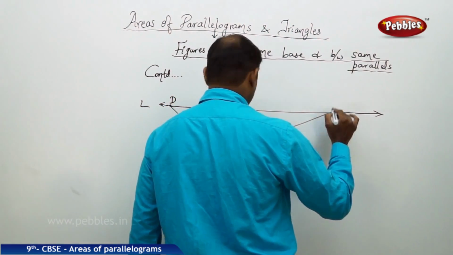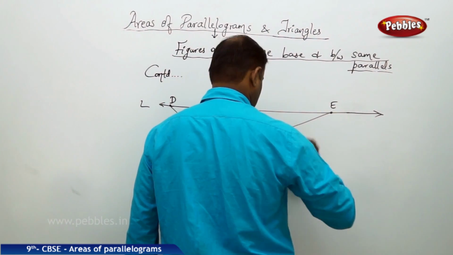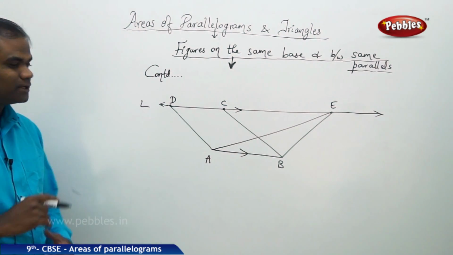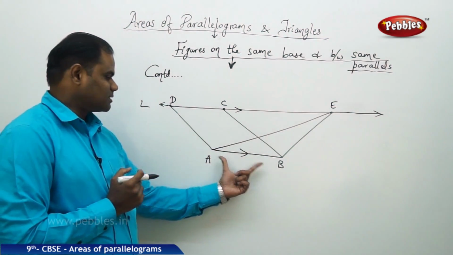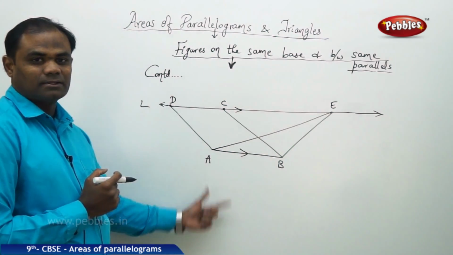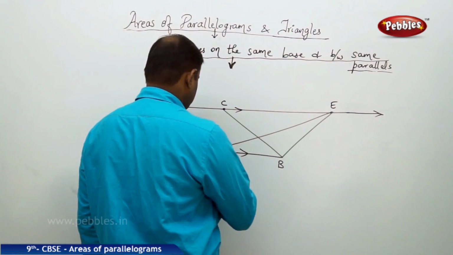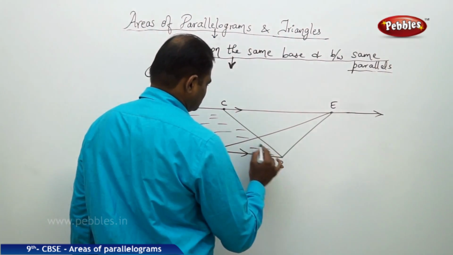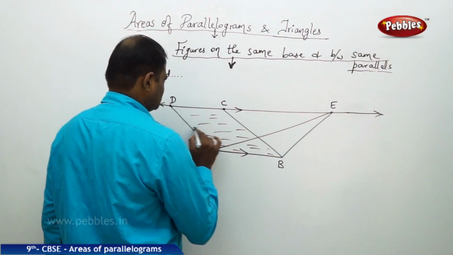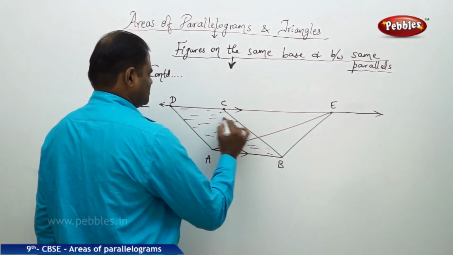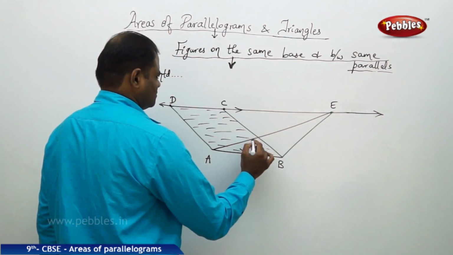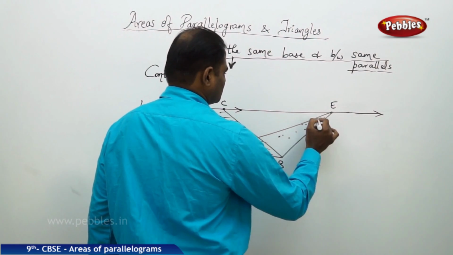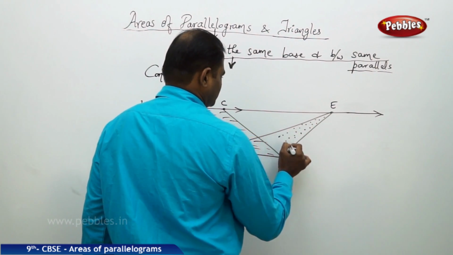and let me take a point E such that there are two figures formed between the same base AB and between these two parallels, one of them being this parallelogram and this being a triangle.